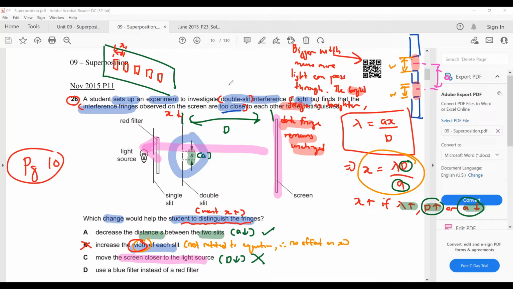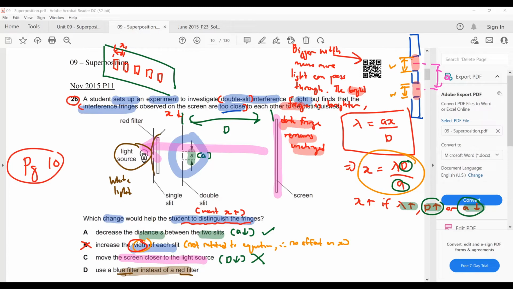Then after that, you look at answer choice D. Use blue filter instead of a red filter. So these are what you call color filters. If you use blue filter, you're going to get blue light. If you use red filter, you're going to get red light. Right now, what you have here is a light source that emits white light.